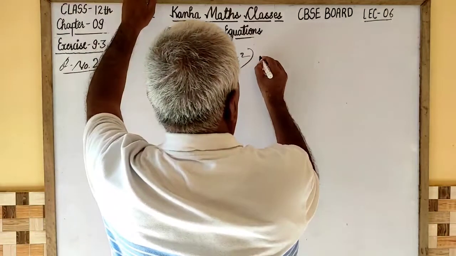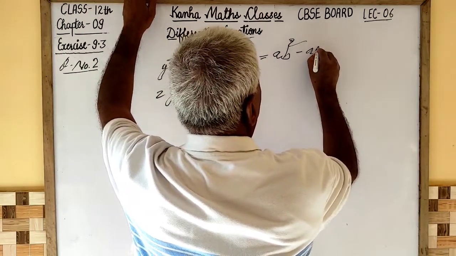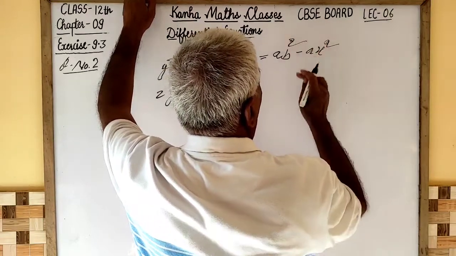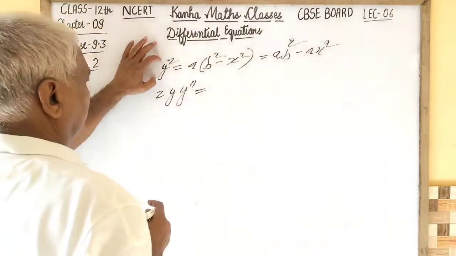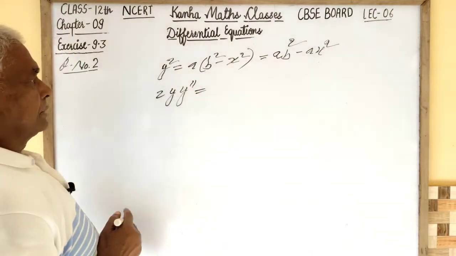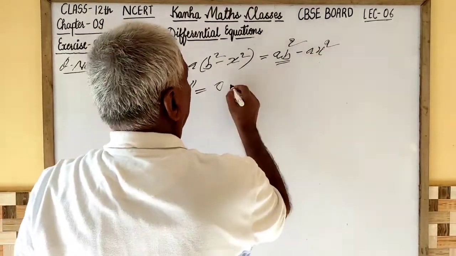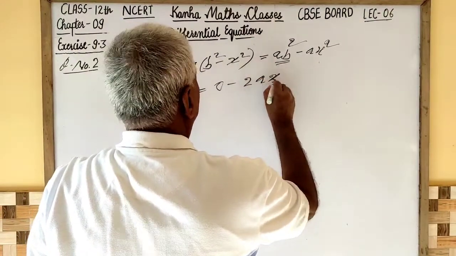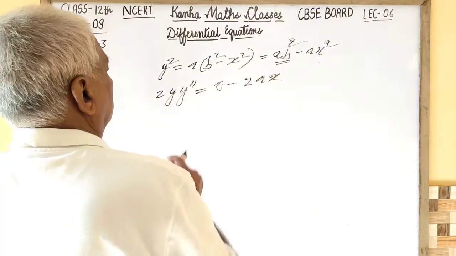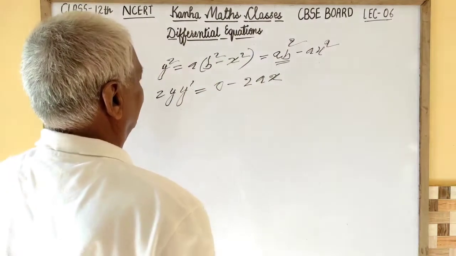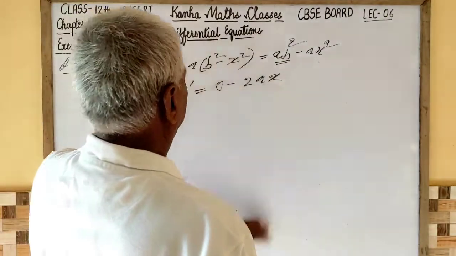Here we may very obviously write the equation as a b square minus a x square, and the derivative of the left hand side will be 2y y dash, and since b square is constant, its derivative is 0, and minus 2a x. Sorry, here the order of derivative will be first: 2y y dash is equal to 0 minus 2ax.